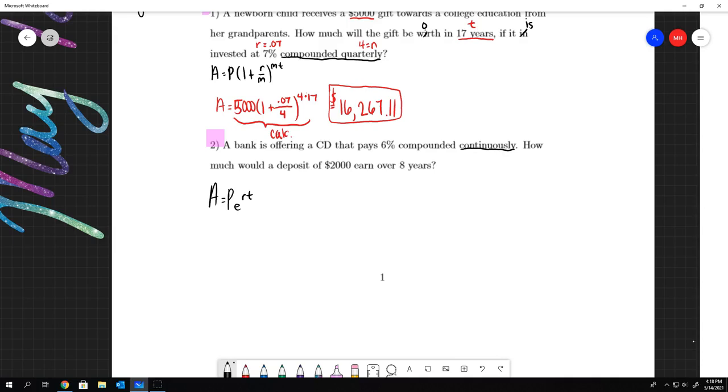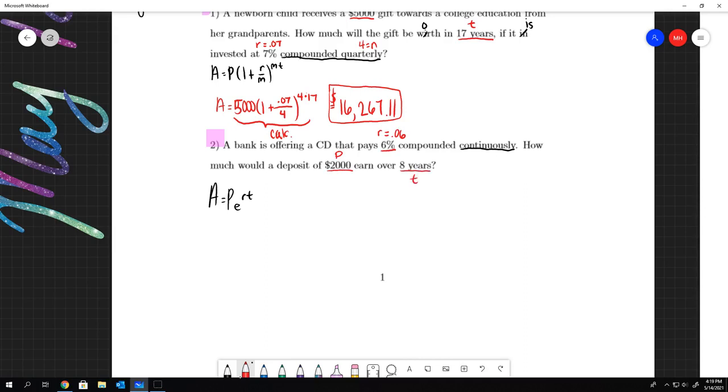A CD is a certificate of deposit. So let's go through here and find out what we need. So 6%, that is R, and the decimal would be 0.06. The deposit is initially 2,000, so there is P, and time is 8 years.